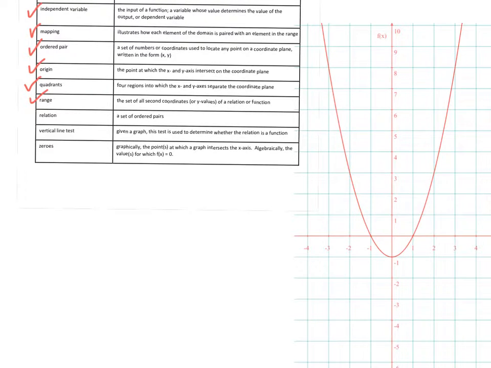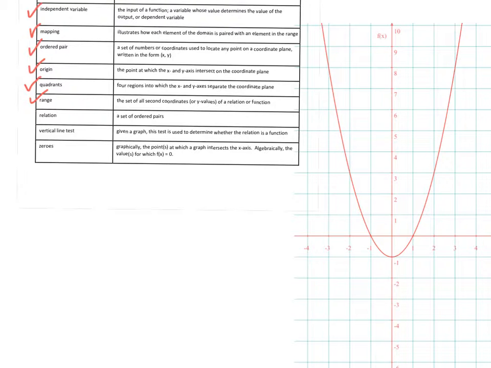Okay, our last three terms are really straightforward in the fact that we've already been talking about relations. A relation is just a set of ordered pairs. So everything that we've been discussing has been a bunch of ordered pairs, and then we just group them all together.